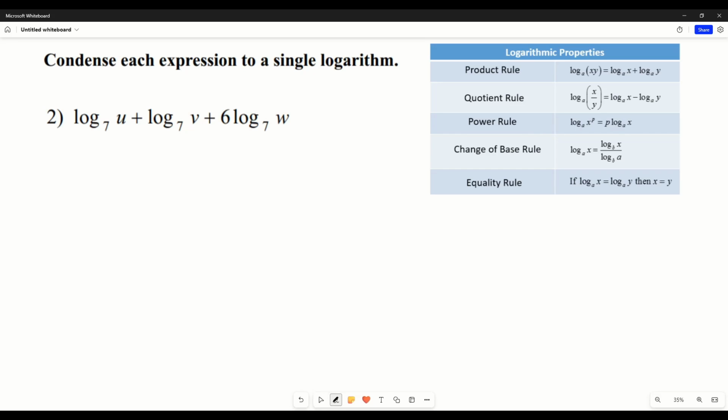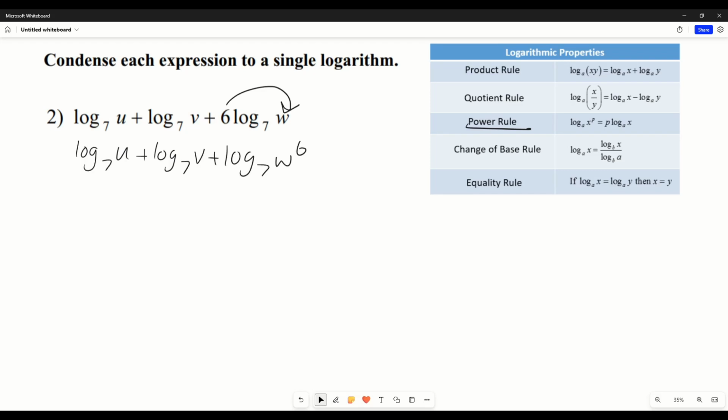So for log base 7 of u plus log base 7 of v plus 6 log base 7 of w, let's use the power rule. We're taking this 6 and putting it where w is. So let's rewrite everything: log base 7 of u plus log base 7 of v plus log base 7 of w to the 6th power.